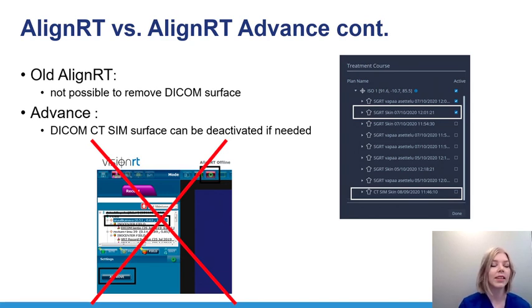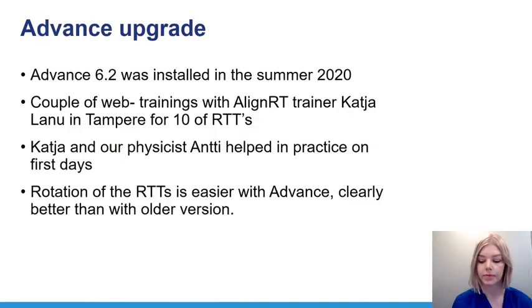But luckily, with the Advanced, we can easily deactivate the DICOM CT SIM surface when needed and only leave the currently used free breath and breath hold surfaces active. This is very handy, and we also have image examples here. Here are the confusing old version and the lovely clear new version.